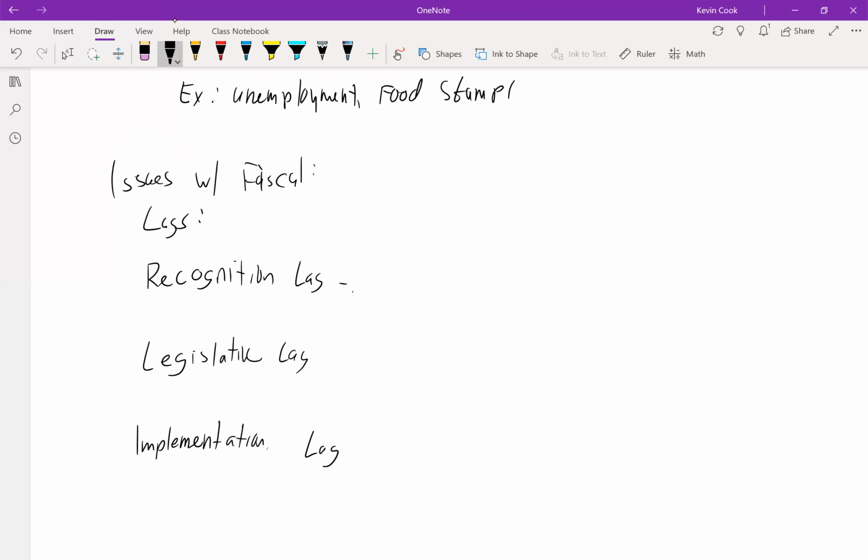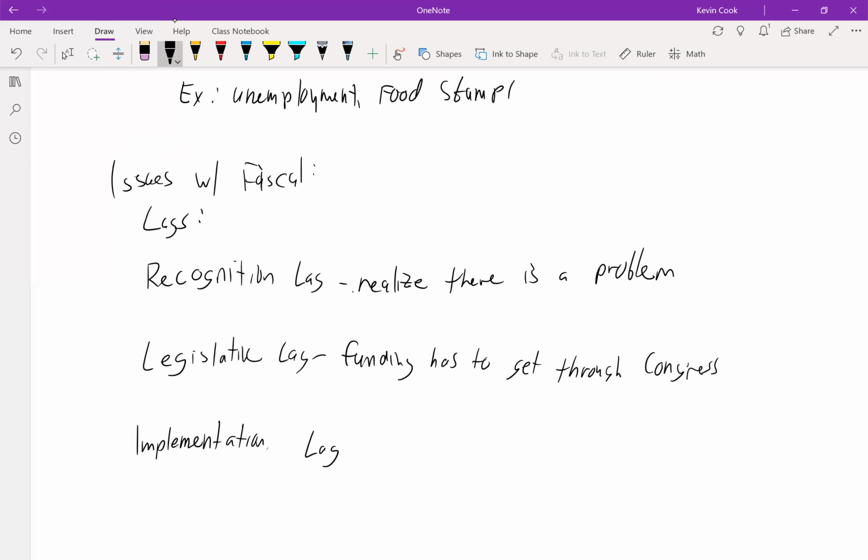With the recognition lag, we have to realize that there is a problem. With the legislative lag, the funding has to get through Congress and the president. And the implementation lag means that it takes time for the funds to get to where they need to go.